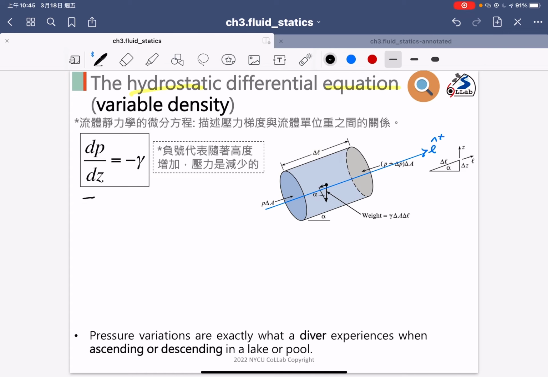So our first assumption is that the force along the arrow direction is equal to 0. You need to find out how many forces you have along the arrow direction. Clearly, one force here is the weight.